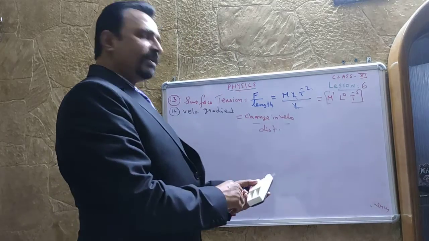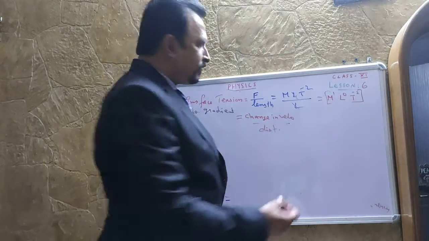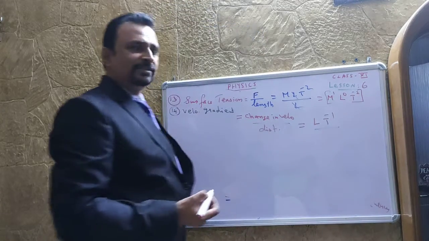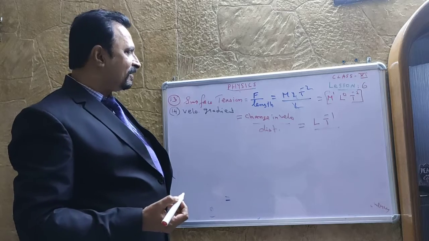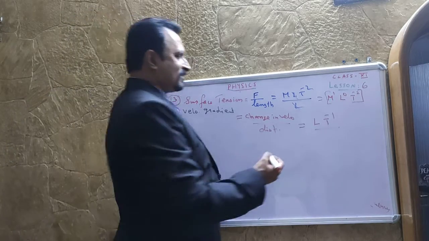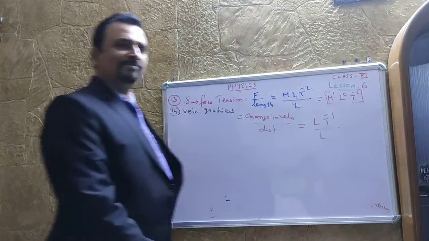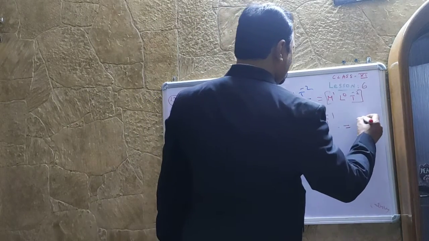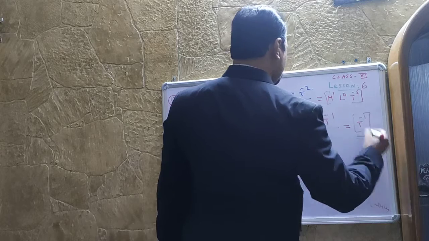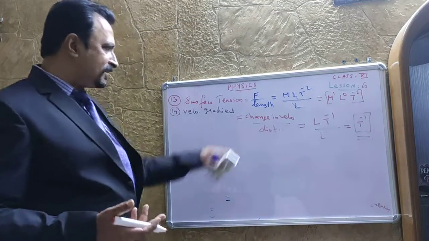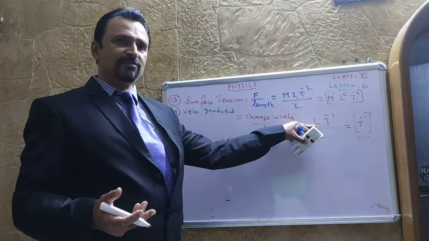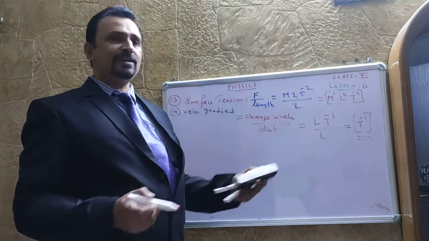Change in velocity is a velocity. Velocity dimensional formula L T minus 1 divided by distance. So what is your answer? T minus 1. There is no mass, there is no length. Change in velocity upon distance. Change in velocity means velocity itself, and distance is L, L cancels, T minus 1.